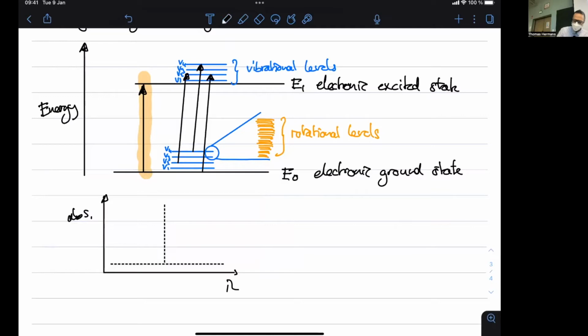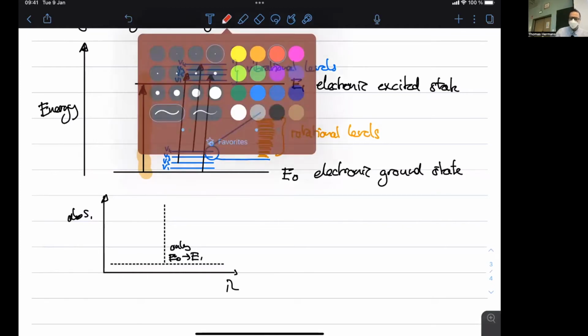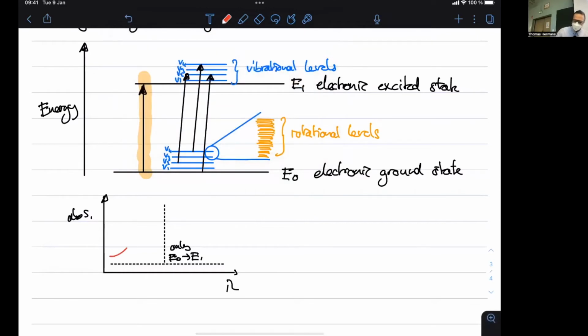That's if you would only have E0 to E1. It would be an infinitely thin peak, right? Because there's only one exact energy. But because we have all these vibrational and rotational levels, what you will measure is something like this, right?